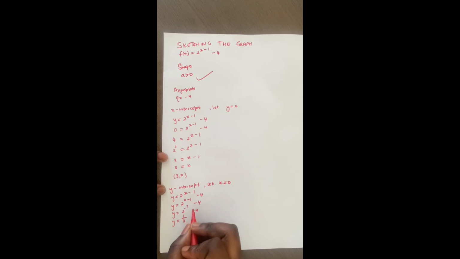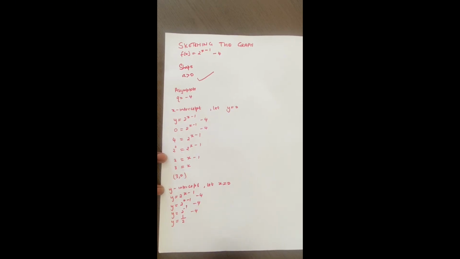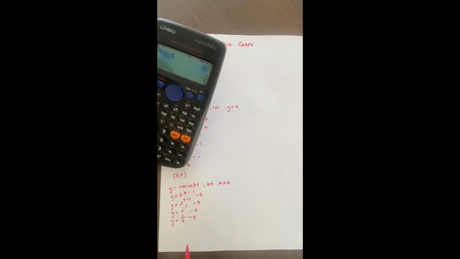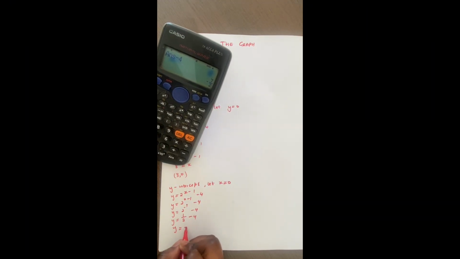You can punch that using the calculator, or I'm gonna do a lesson about exponents so that you can understand how I came about having this half. So half minus 4 is negative 7 over 2.